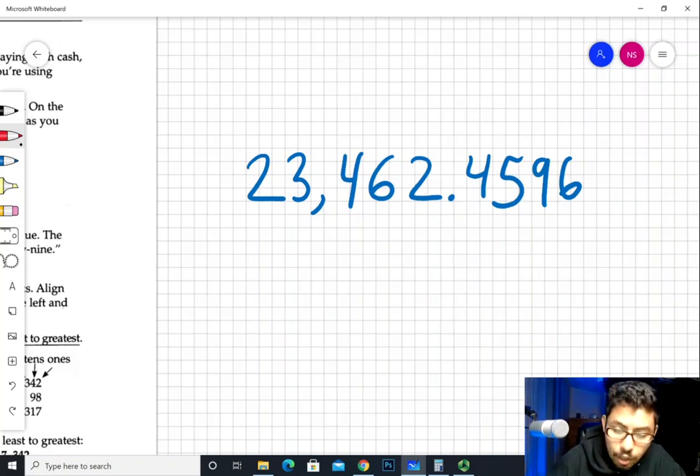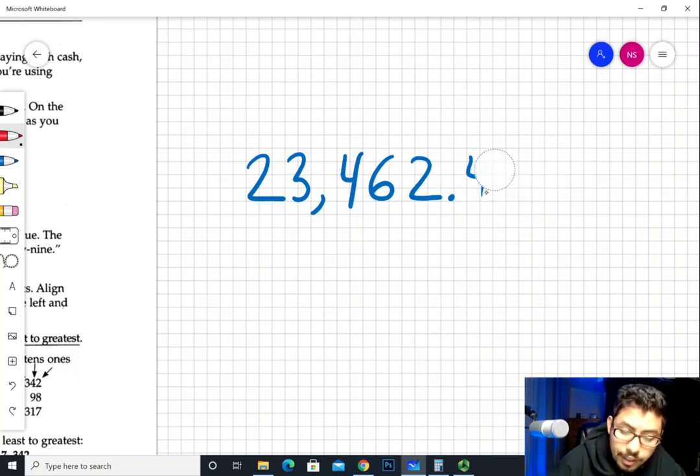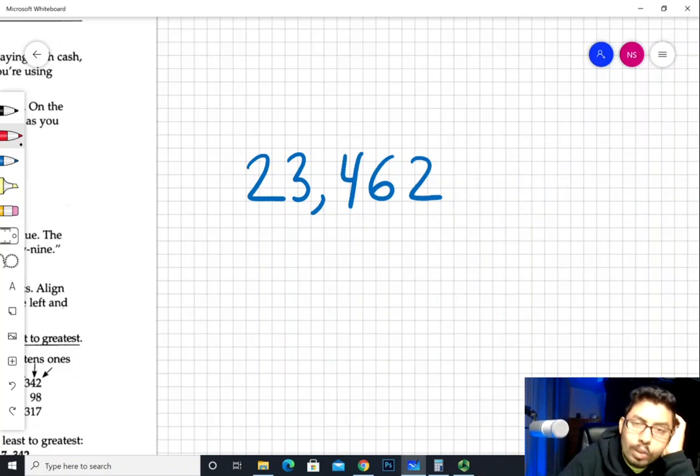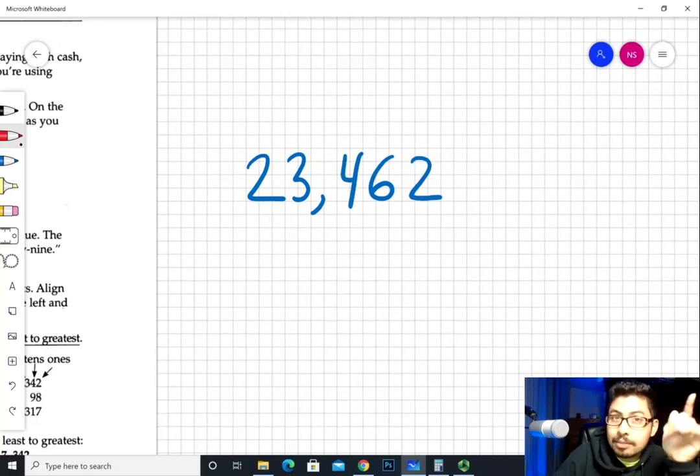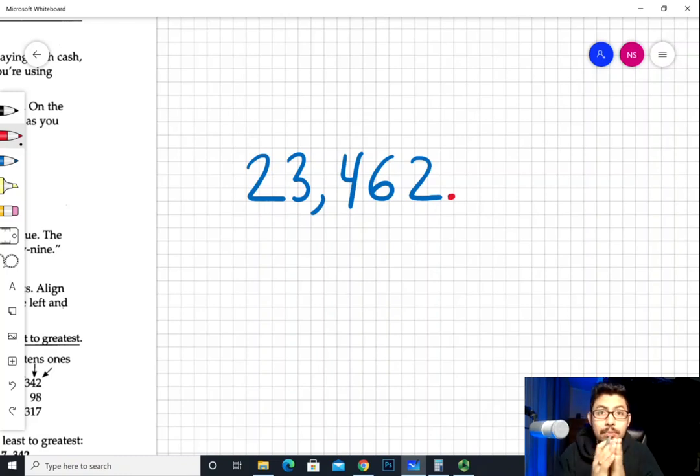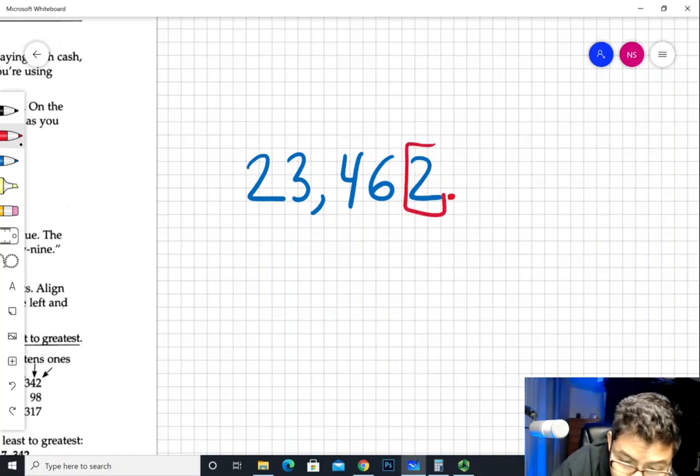Just a quick little note. Let's say you weren't given a decimal number. Let's say we're just given a whole number like 23,462. You might know this, but always know there is an invisible decimal spot there. There's always a decimal point right behind the last number.